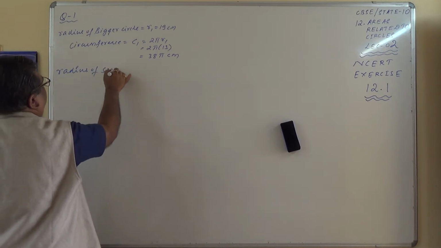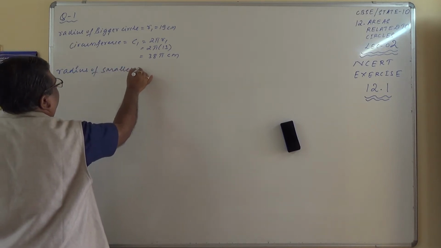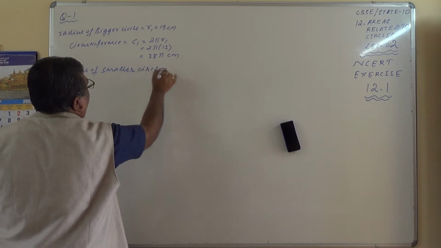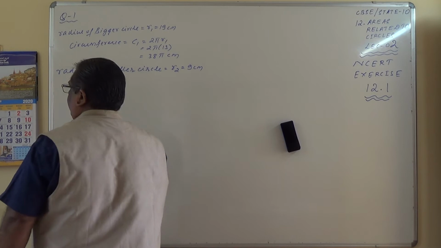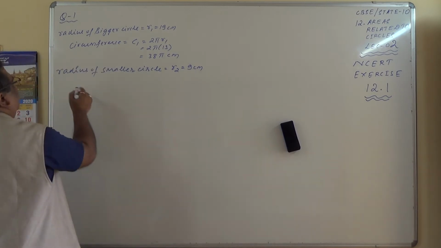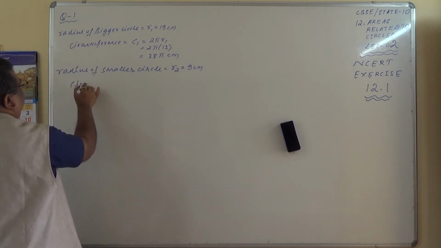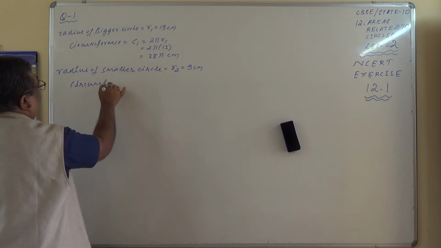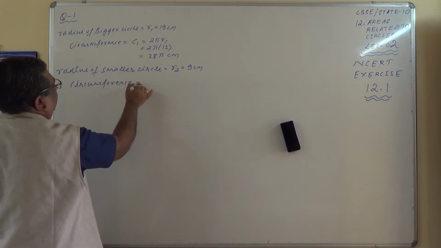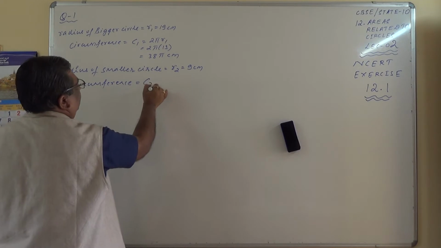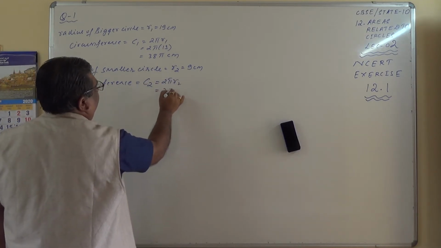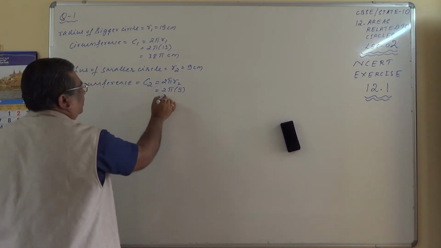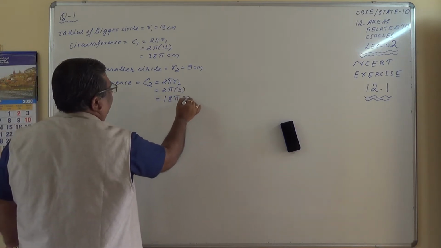Radius of smaller circle R2 equals 9 centimeter. So circumference C2 equals 2 pi R2, which is 2 pi into 9, which is 18 pi centimeter.